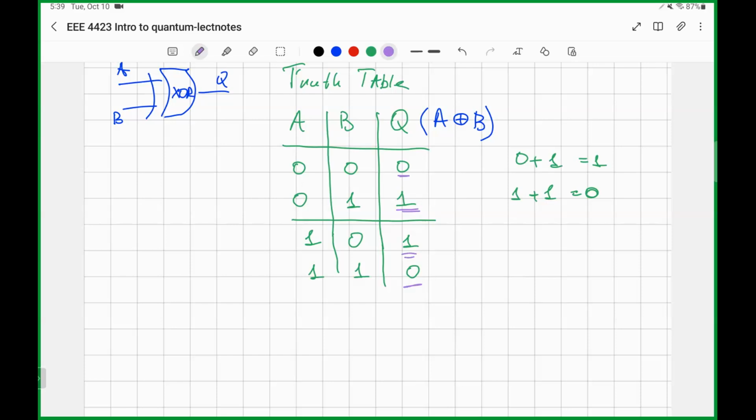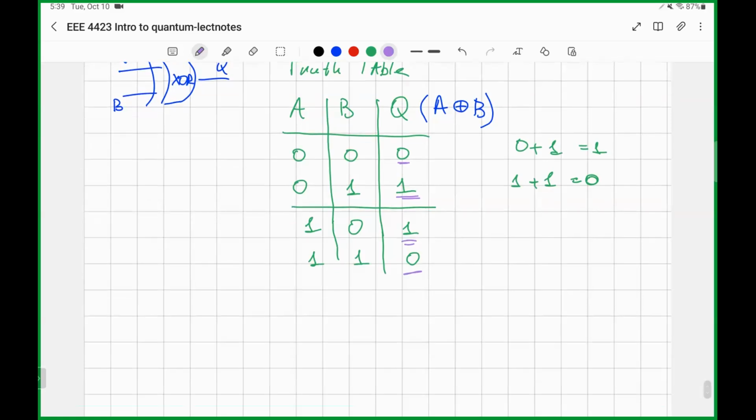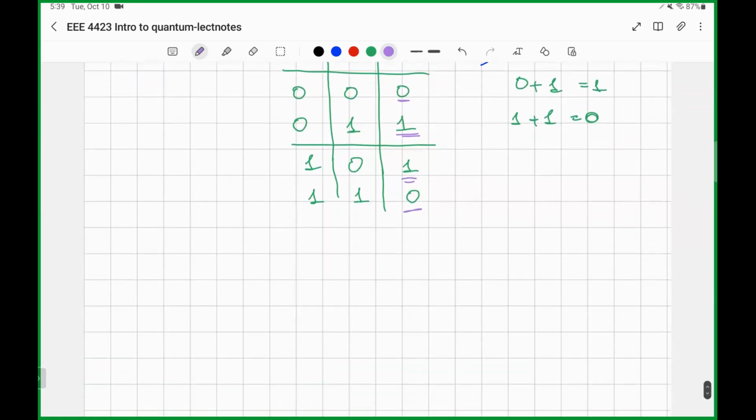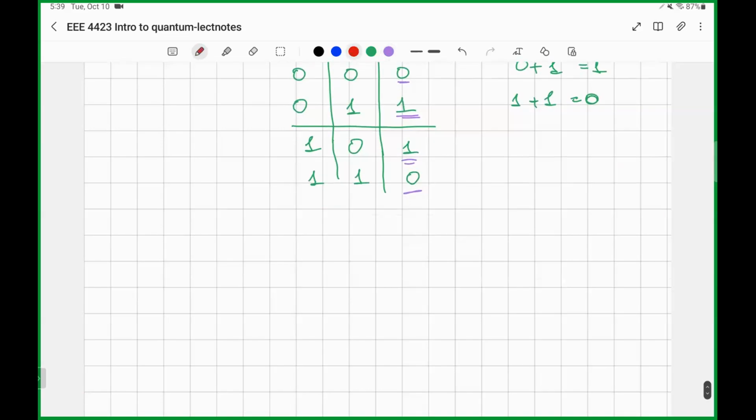But there is a way to make this reversible. Let us note that in quantum computing, all gates are given by unitary operators, and hence they must be reversible.